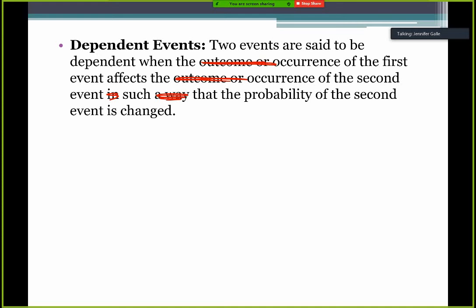So the first thing happening affects the second thing happening, or the chance of the second thing happening, I should say.